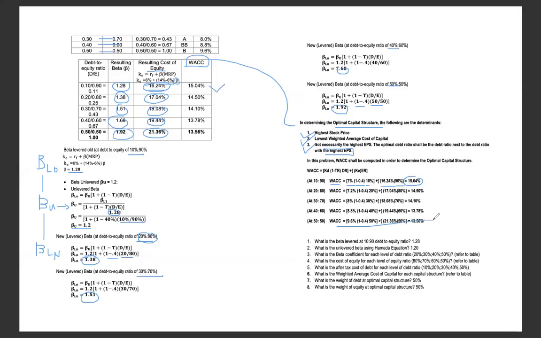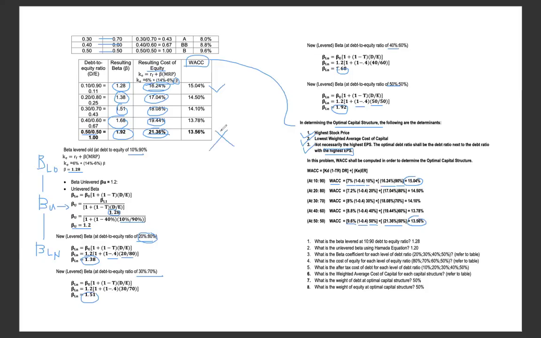So at 50-50, this is the computation: 9.6, okay? That's the cost of debt times 1 minus 0.4 times 50%, plus 21.36, the cost of equity, times 50%. So 13.56%. That is the lowest.